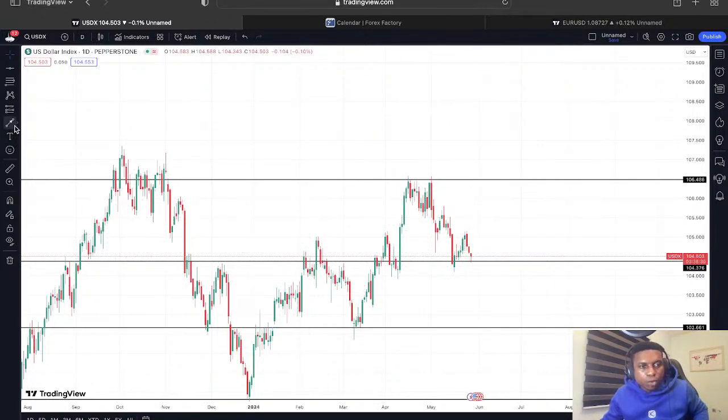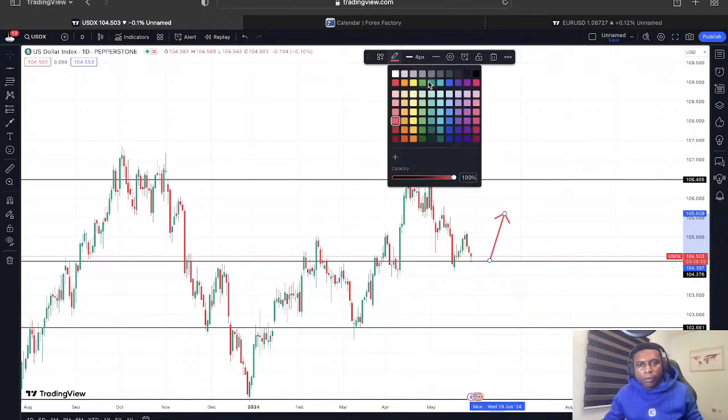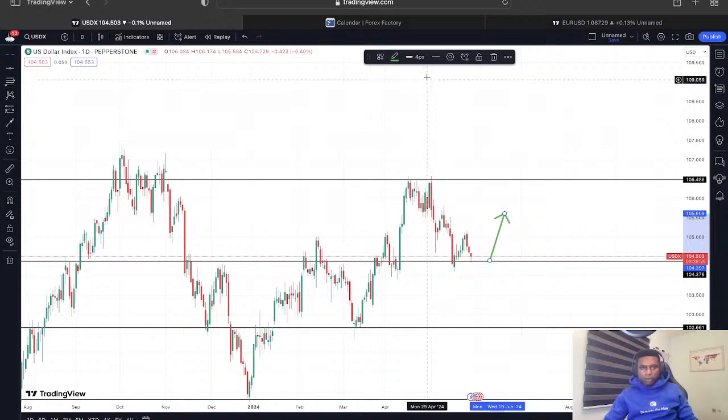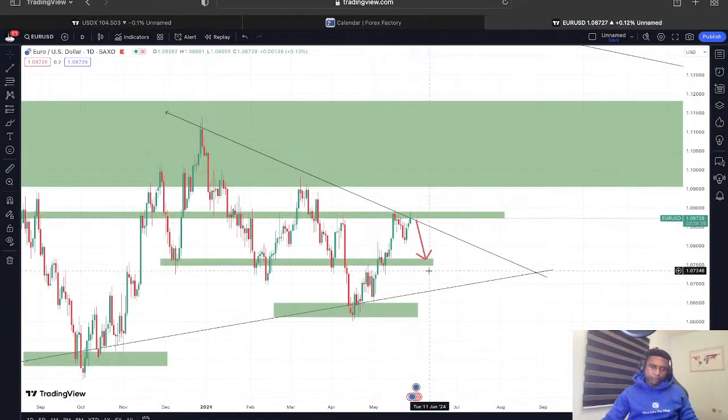If USD goes strong from this level, which is a support zone, we might see Euro USD fall further.